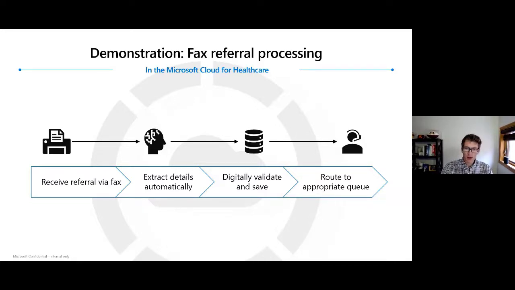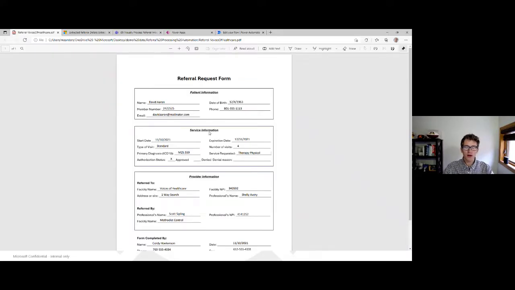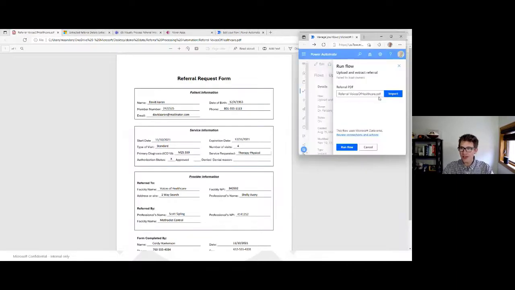So with that said, I'll start by giving you a view of the form that is actually being faxed in here. This is a referral request form from a provider organization, pretty standard form and format. I'm going to bring up my fax simulation tool where I already have that Voices of Healthcare fax that's going to be going in there.